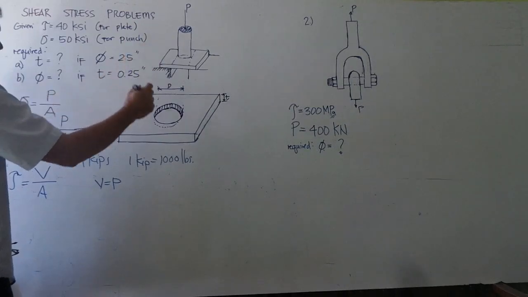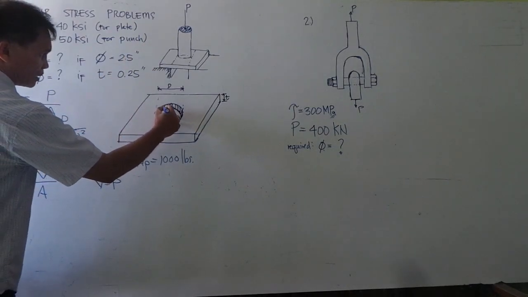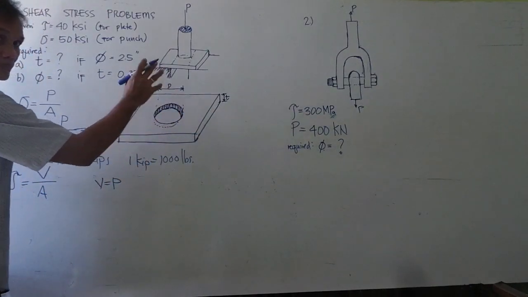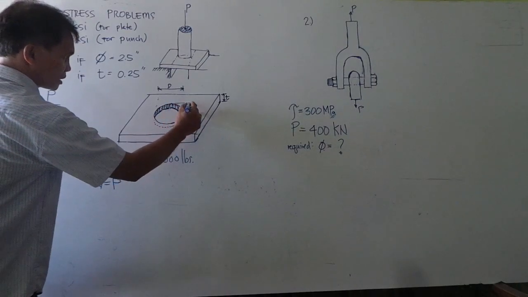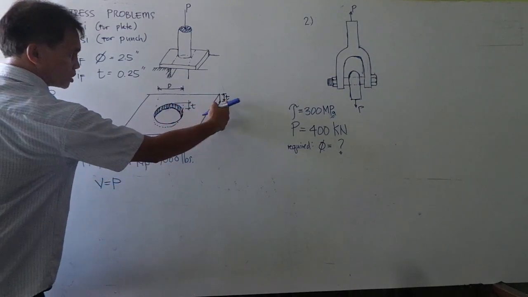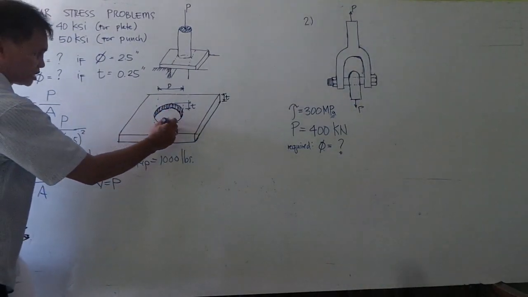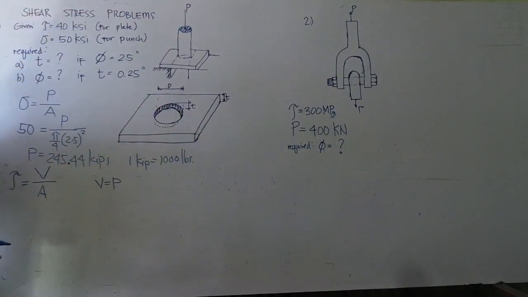So the area that will be sheared is this area all around. This is the thickness, which is equivalent to the thickness of the blade. Then we have here the diameter. So the circumference times the thickness is your area.